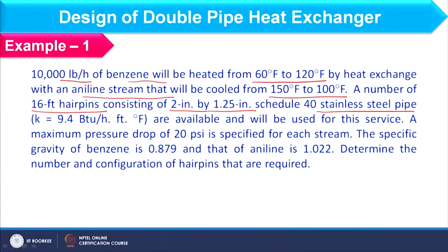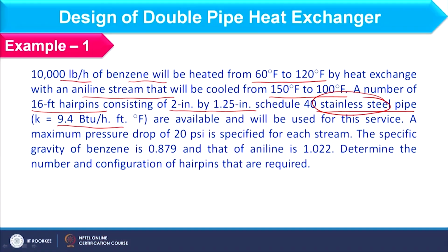And here I also have the K value, which represents the thermal conductivity of the material, as we have a stainless steel pipe. Here we have benzene as well as aniline; one of them will flow in the inner pipe and the other will flow in the annular space. So, we can see the combination of allocation of fluid to the inner pipe or outer pipe.